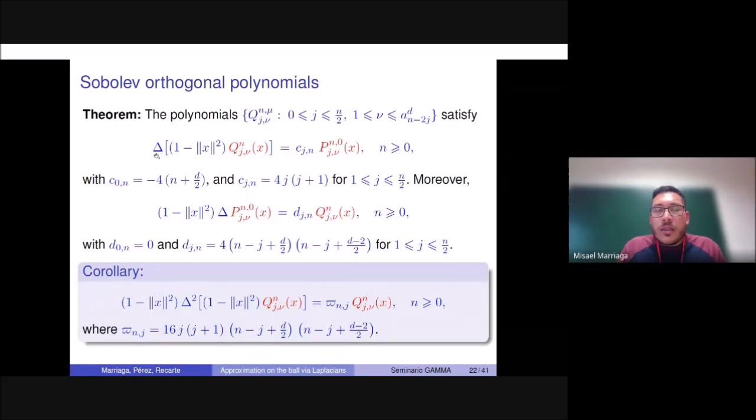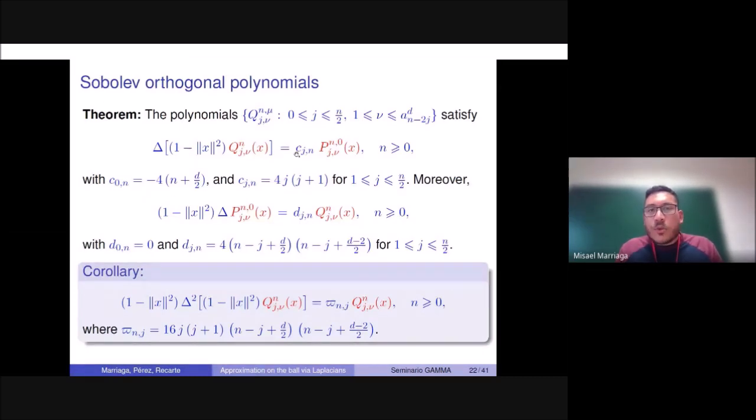Here, this is a differential operator, the same one that appears on the inner product. Okay, so whenever you apply this differential operator to one of the q's, what you obtain is a multiple of a classical polynomial on the ball. Okay, and these quantities that appear over here are different than zero.